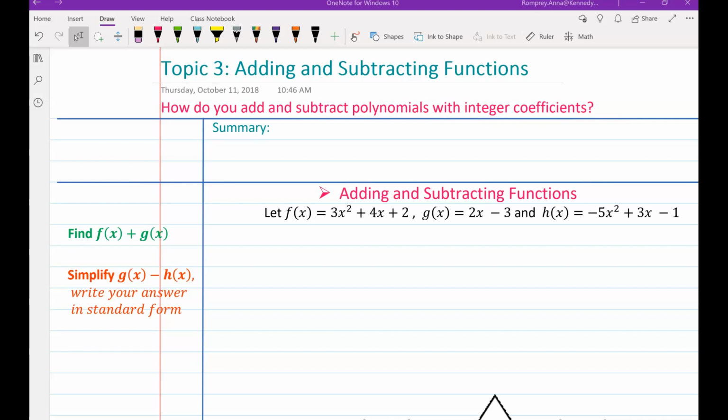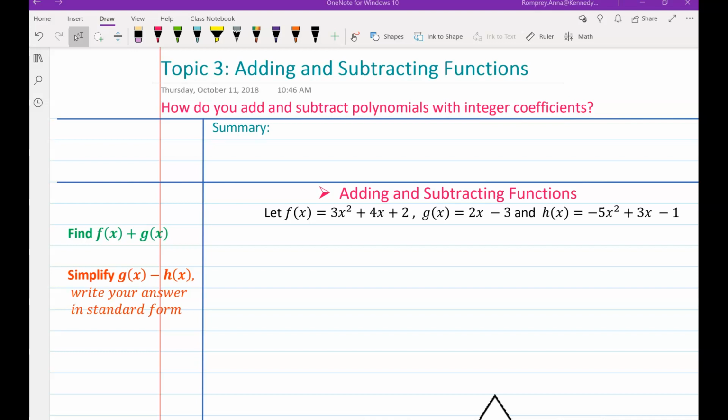So if we look at our first question, it says find f of x plus g of x. Okay, well, what's f of x? So we're given this information. It says let f of x equal 3x squared plus 4x plus 2, g of x equal 2x minus 3, and h of x equal negative 5x squared plus 3x minus 1.